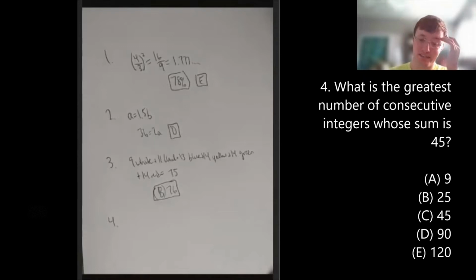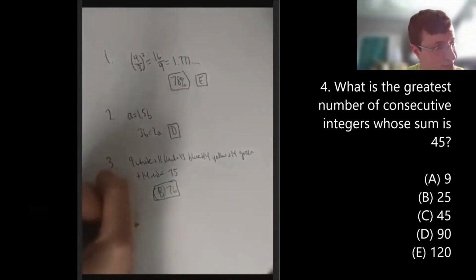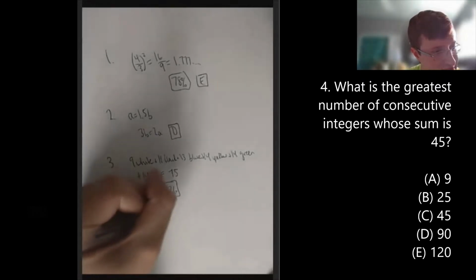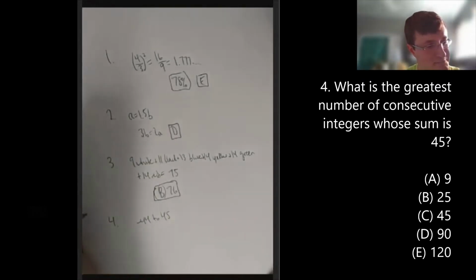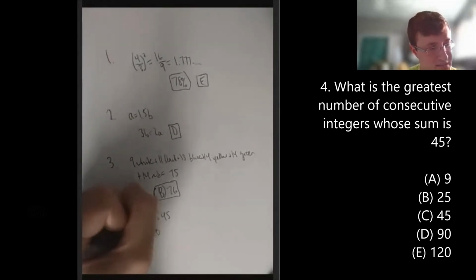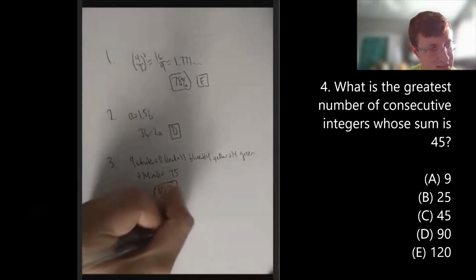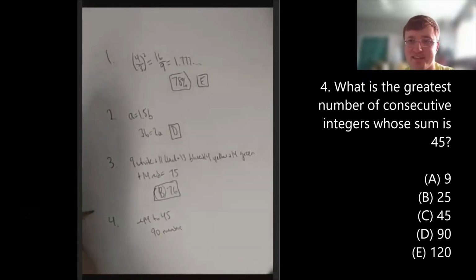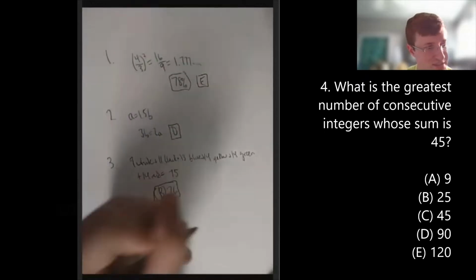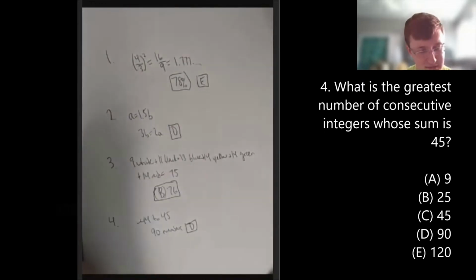So if I do that trick here, if I sum minus 44 to 44, I'll get 0. And then I have a 45 at the end. So minus 44 to 45 should be 90 numbers. And that's the most cancellation I can get. So that should be the maximum number. So that's D. Okay.